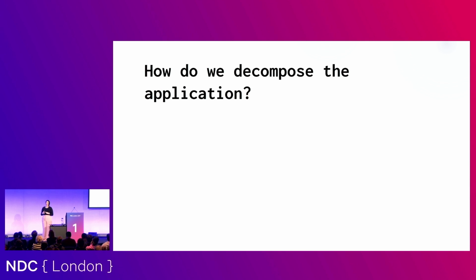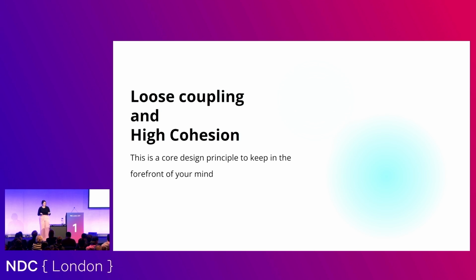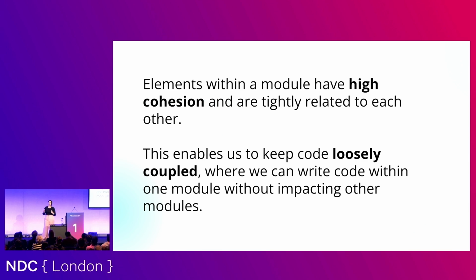So how do we decompose this application? Like actually start with it. Remember the golden rule: we have loose coupling and high cohesion. We need to think about that. So we need to start looking for the areas of high cohesion. High cohesion means that we've got areas that are closely related to each other.